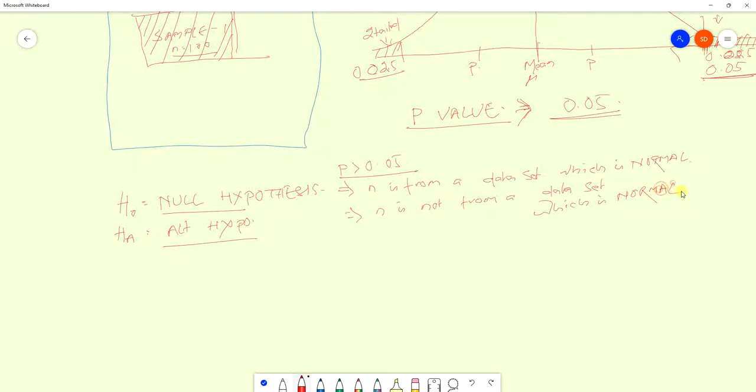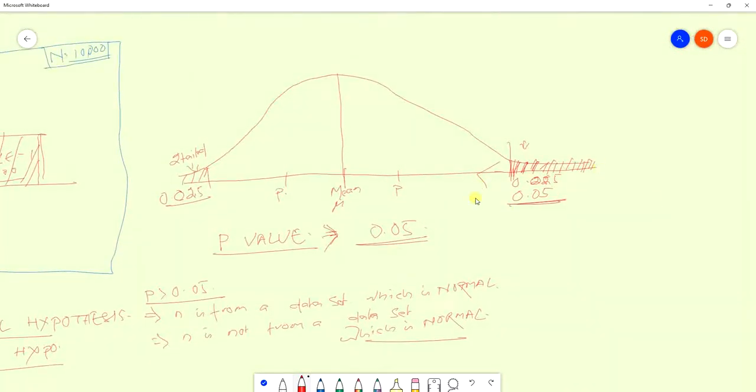So that's a very high level understanding of what is a normality test, what we do, and what are the hypotheses. However, what does exactly this mean then? If we calculate a p-value, and based on the p-value we decide whether the data comes from a normal population or it does not.